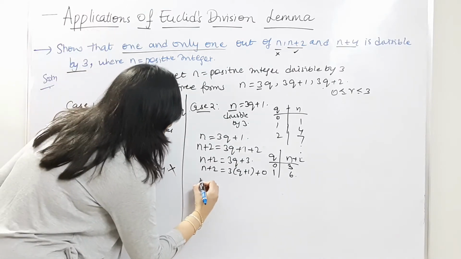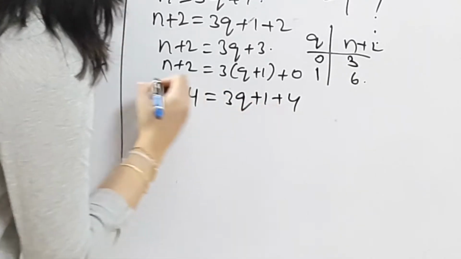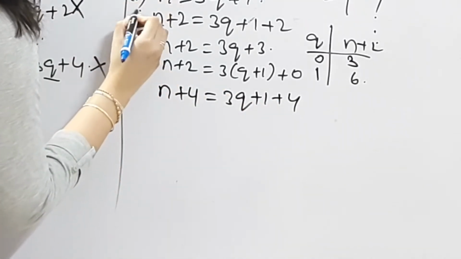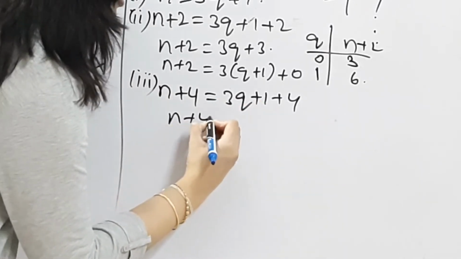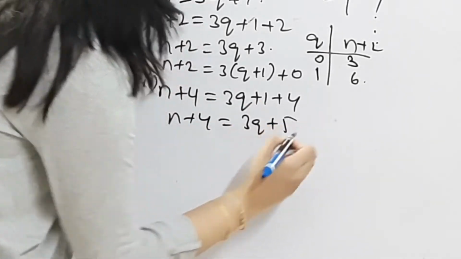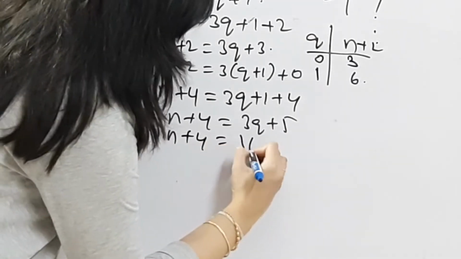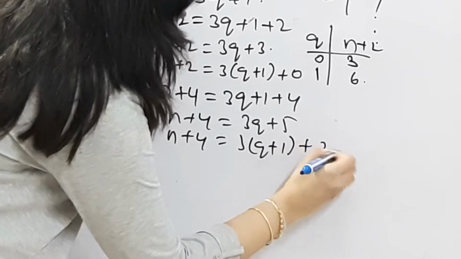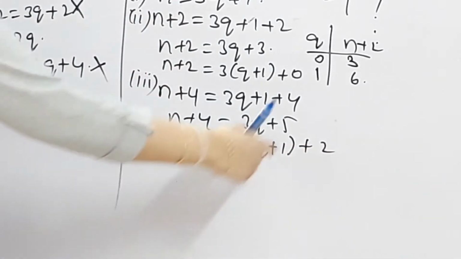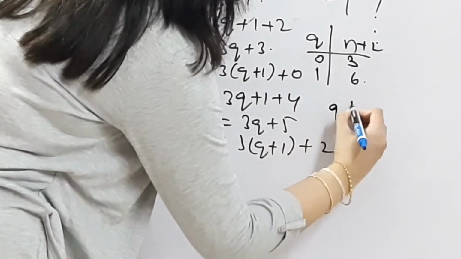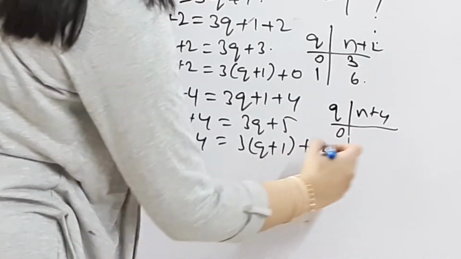Next, whenever you take n plus 4, that means we have 3q plus 1 plus 4. So n plus 4 is 3q plus 5. That means we can say n plus 4 is 3 into q plus 1 plus 2. If you take q as 0, you'll get n plus 4 as 5.